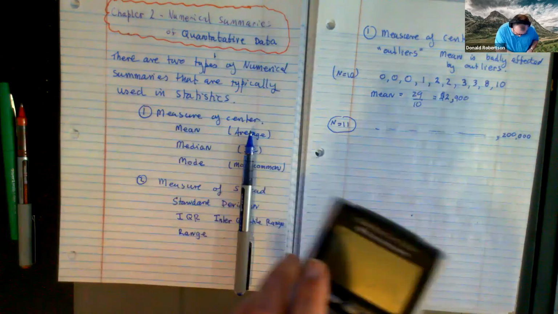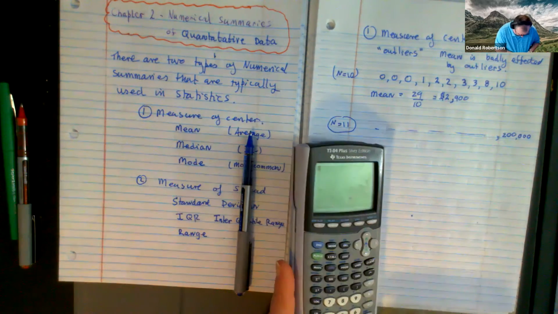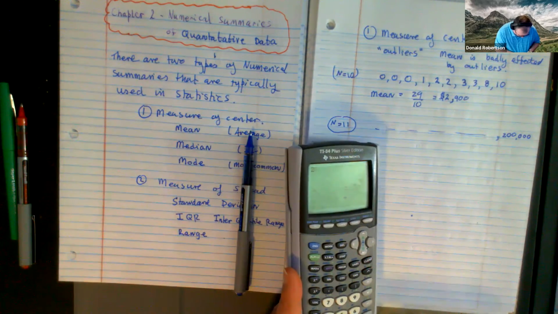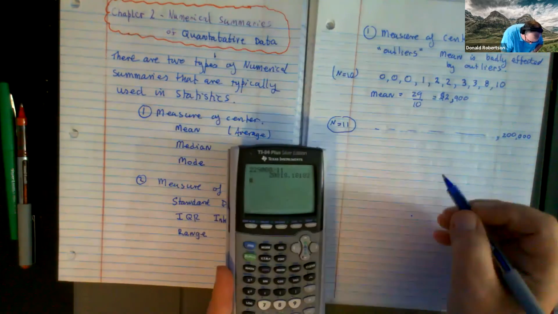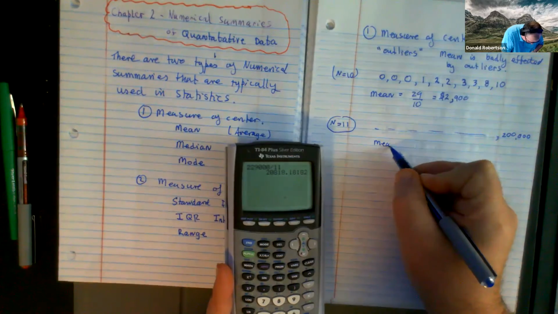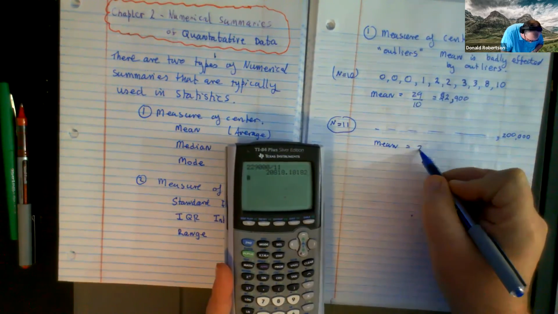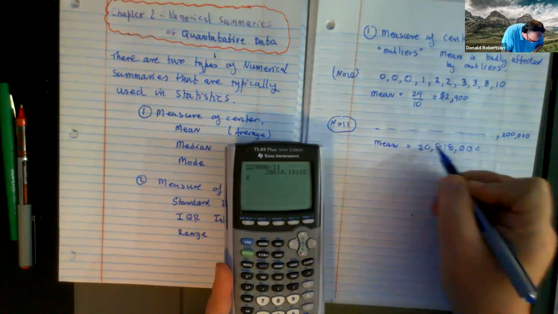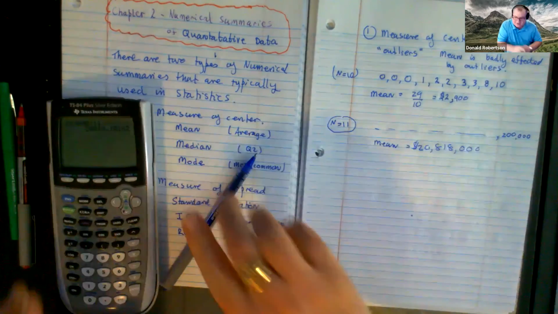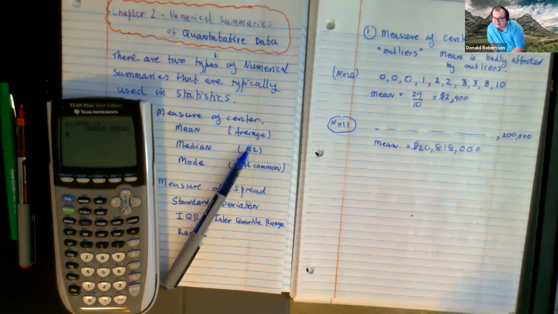So let's see what the result looks like now. It's 229,000 divided by 11. And the mean this time is $20,818,000.